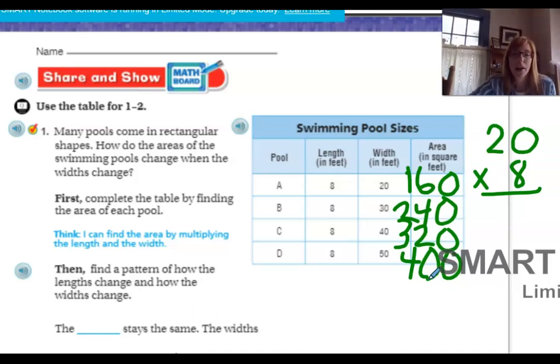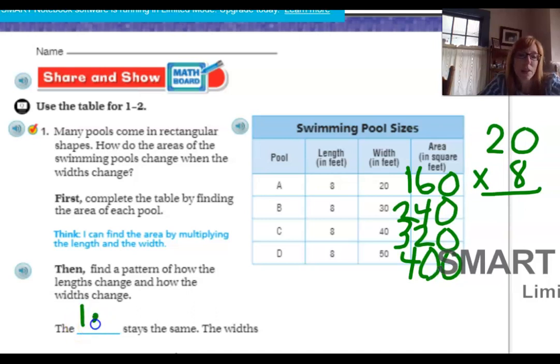All right, so let's see here. Okay, so we did the first part. First, complete the table by finding the areas. Then find a pattern of how the lengths change and how the widths change. So hopefully you're seeing you can find the area by multiplying the length and the width.